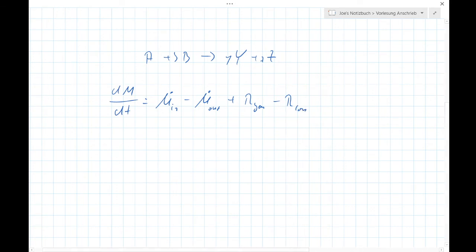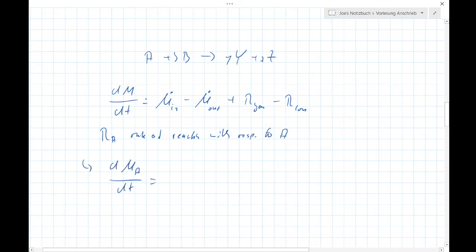And if we say R_A is the rate of reaction with respect to A, we then can write dM_A over dt is M_A in minus M_A out plus, minus, sorry, for M_A, M_A is just being consumed. So R_A consumed is R_A. R generated is 0. Of course, that's not true for Y and Z. There it is the other way around. So we have then just based on this mass balance minus R_A.